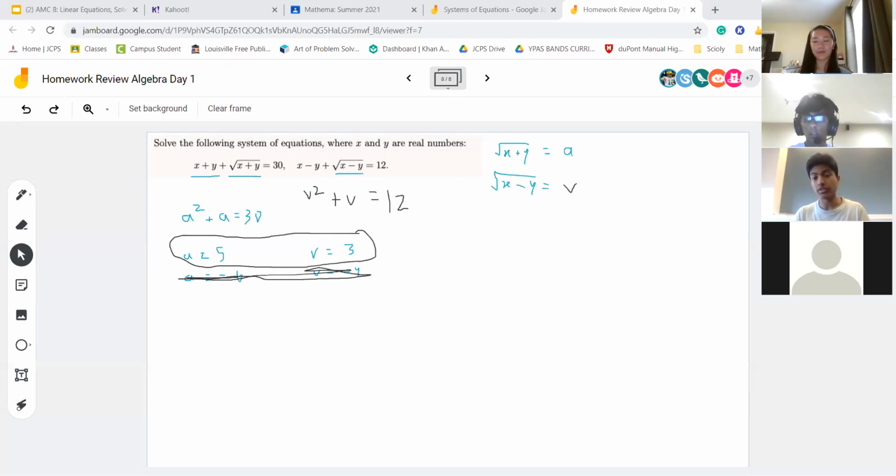So Shreyan said x is equal to 17 and y is equal to 8. I think that's right. Yeah, x equals 17 and y equals 8. Shreyan, do you want to explain how you got that? Or does anybody want to explain? If anybody wants to explain, they can.